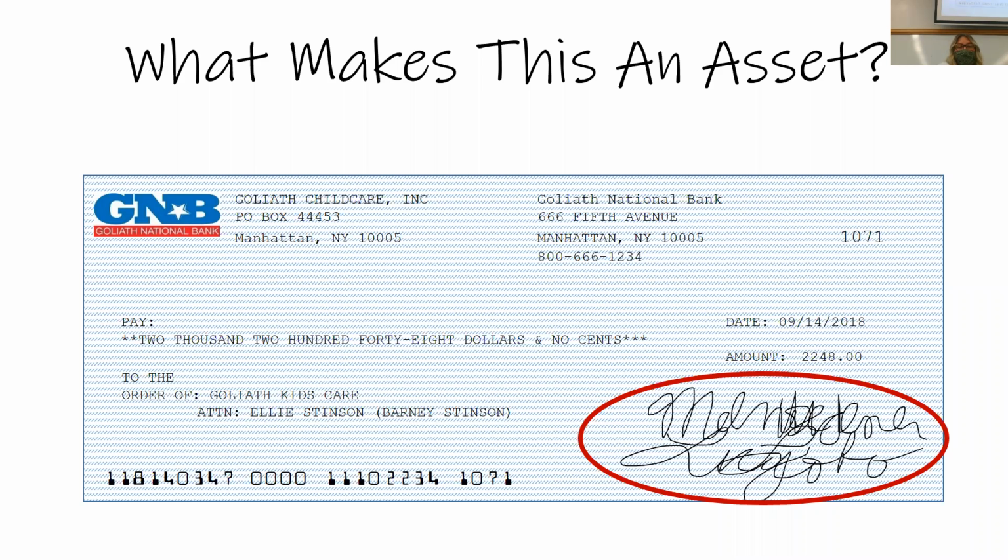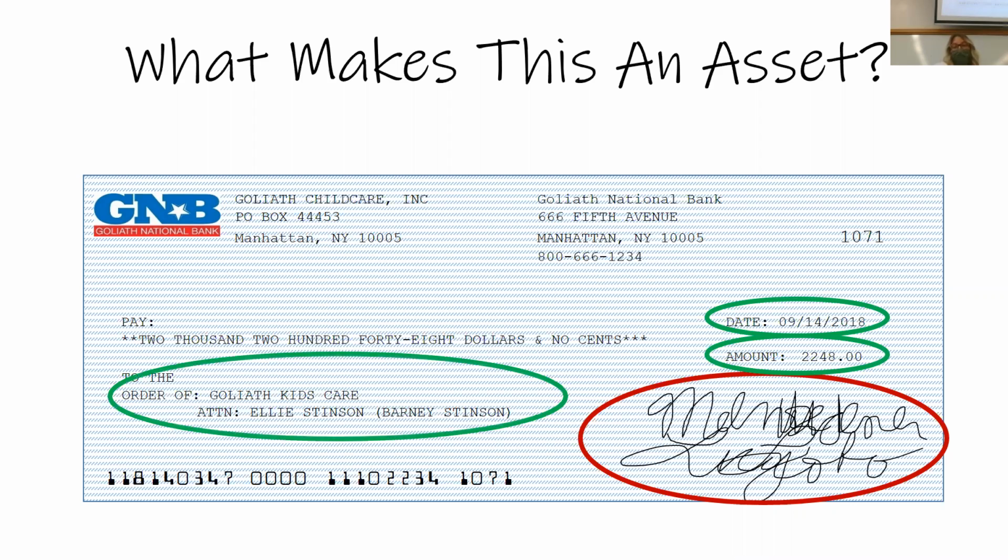Another thing that makes it an asset is the fact that it's dated. And as Melinda pointed out, it's got an authorized amount, and it's specified for payment to another party. Once those fields have been populated, an evildoer can abscond with that check and deposit it into their account.